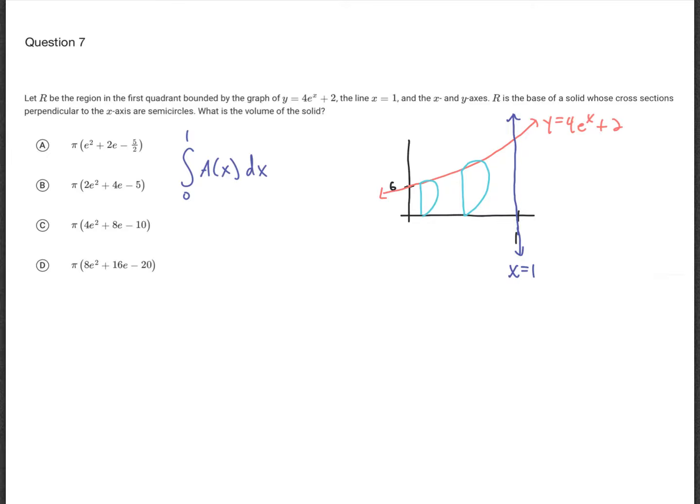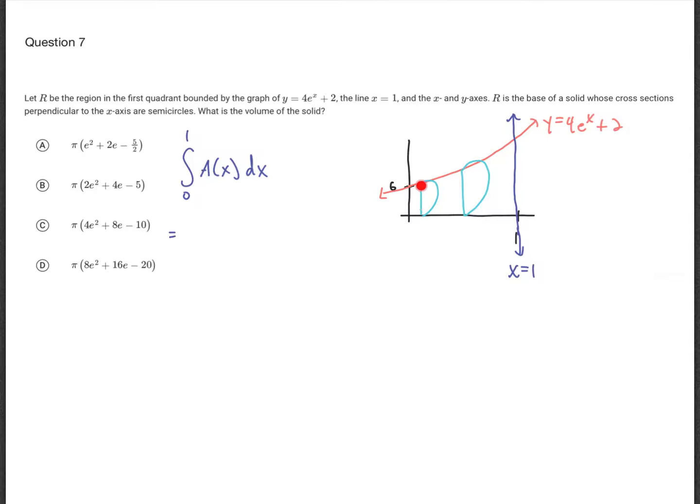Integrate the area of a cross section. For each cross section, the area is a semicircle. So we'll deal with the formula for the area of a semicircle, but let's get it in terms of the diameter. To get the area of a full circle, you need the radius.